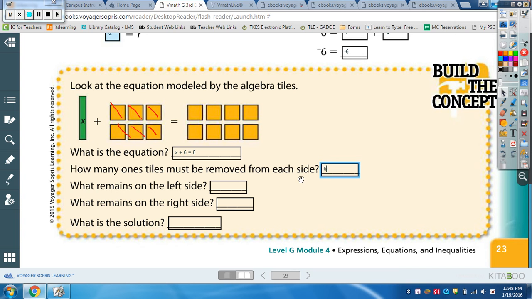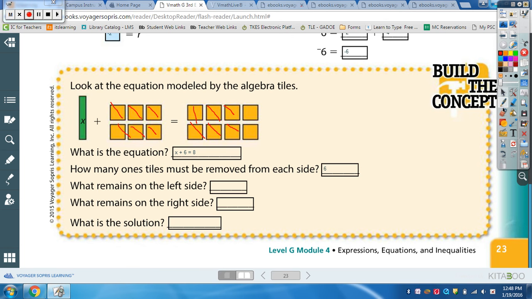And if we remove 6 from the left side, we also have to remove 6 from the right side. So how many remain? Let's remove those tiles first. We have to remove 6. 1, 2, 3, 4, 5, 6.